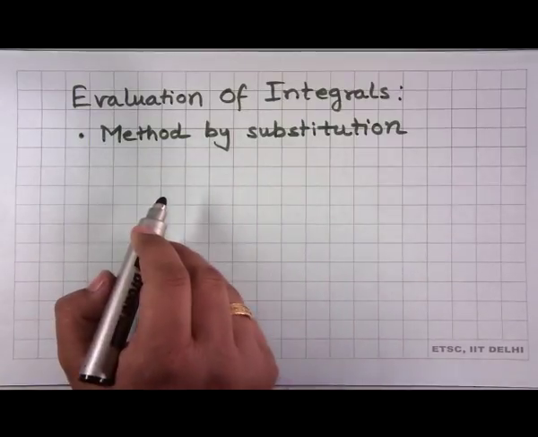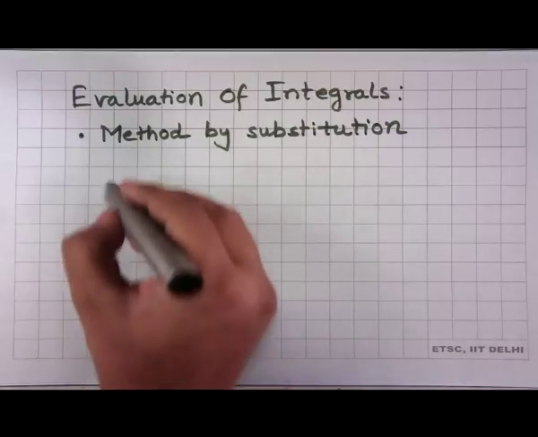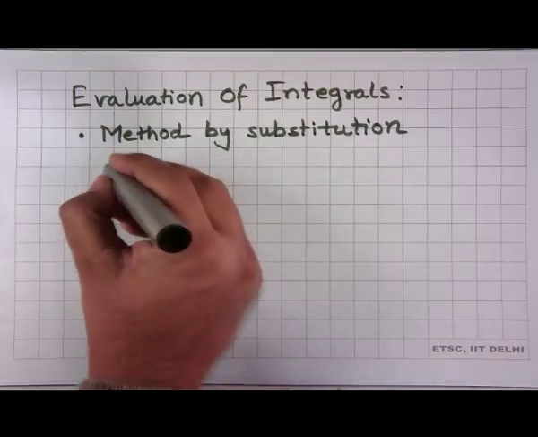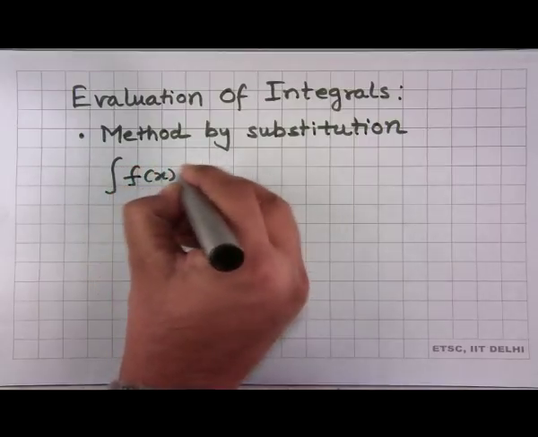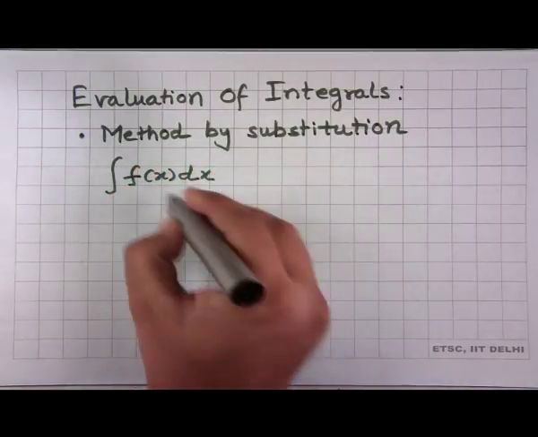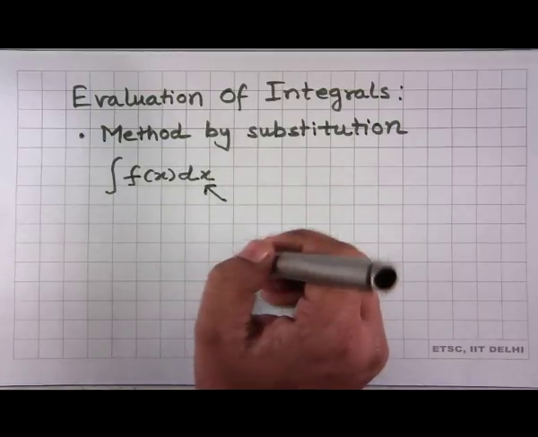As you can see from the name substitution, what we do in this method is that in order to evaluate the integral f x dx, we notice that the independent variable here is x.